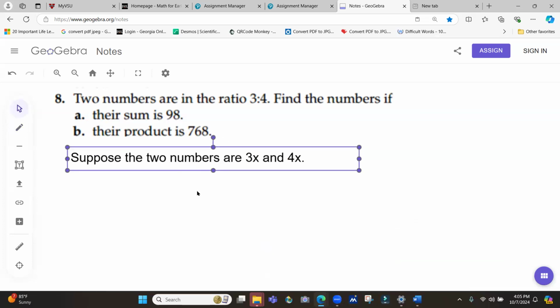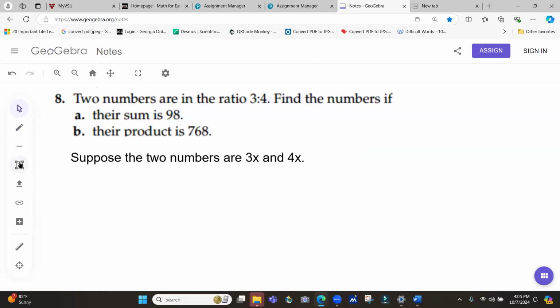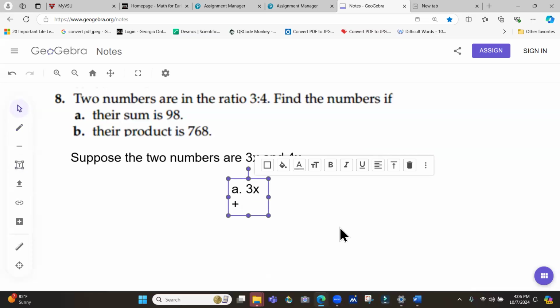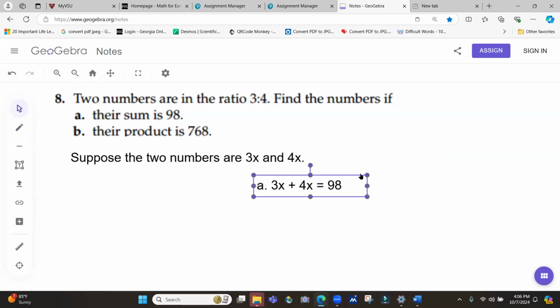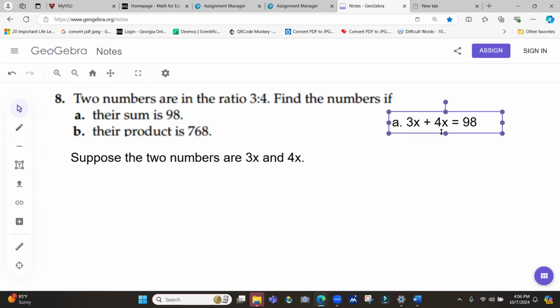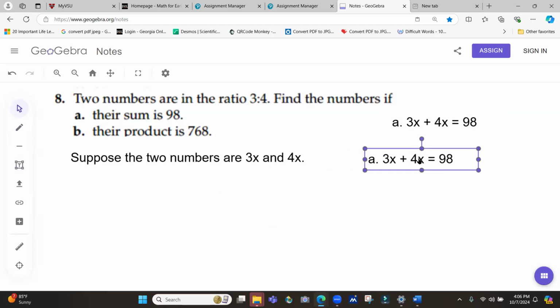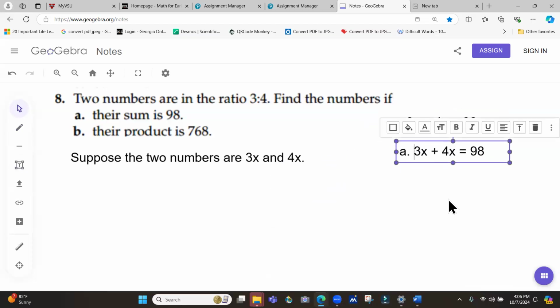All right. So now part A is not really that bad of a problem. I'm going to say part A, then I can say 3x plus 4x is 98 because the question says sum. Sum means when you add the two numbers, this is what you get. So I'm going to do it here. And that turns out to be 7x.